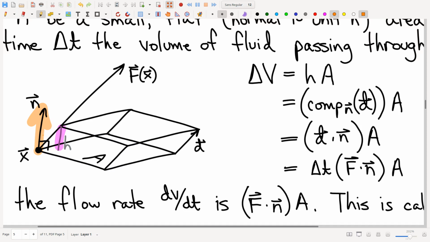Now that said, what can we say about that height there? I claim, and I'm going to use blue here, that it relates to this displacement vector. You've got to keep in mind we're talking about a fluid that's moving with this velocity for an amount of time, delta t.